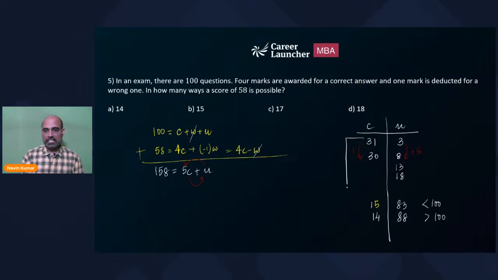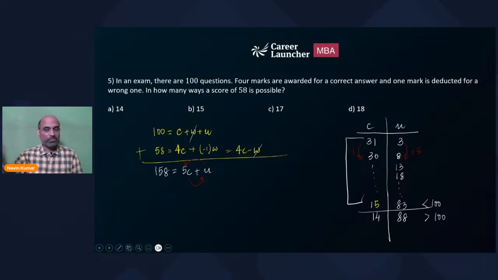So we can say these are all the values of C and corresponding values of U that we can take, right? So 15 to 31, how many values have we written? It's easier to check C because it's increasing by 1, or decreasing by 1, depends what's your perspective. But if you look at U, there is a change of 5 every time, right? So finding the number of terms of that AP is not that easy, but consecutive numbers is rather easier.